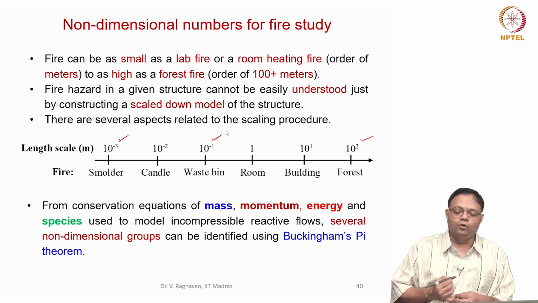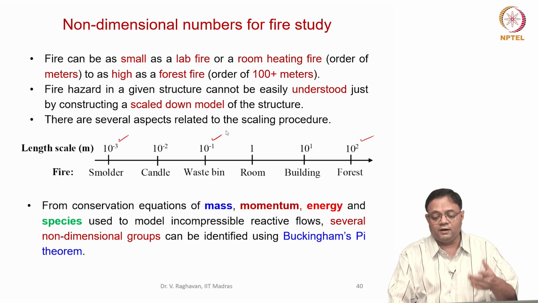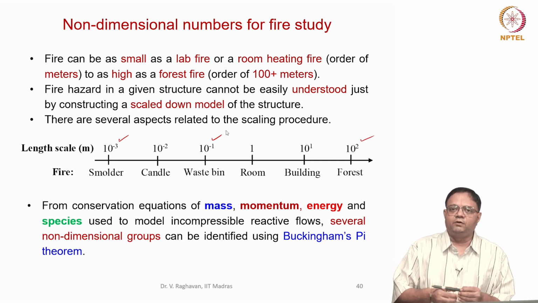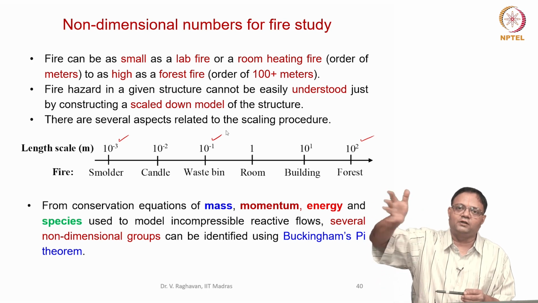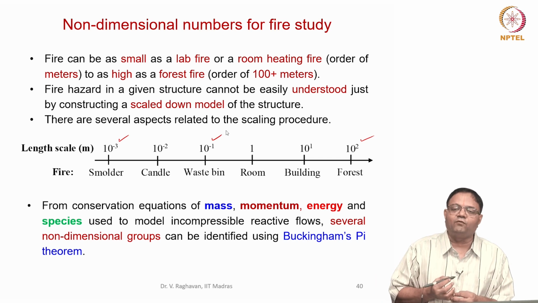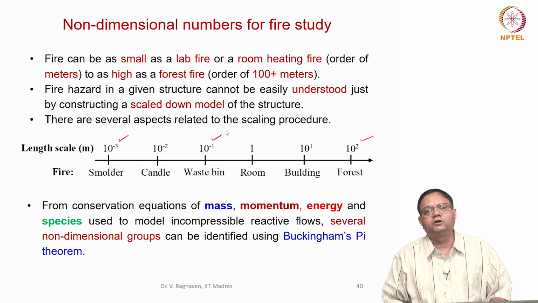Similar to that, here also the scaling of fires is very important because it actually determines the burning rate. But here, the scale down model cannot be used because, if I increase the diameter more than say 25 centimeters or 50 centimeters, the burning rate per area will not change.